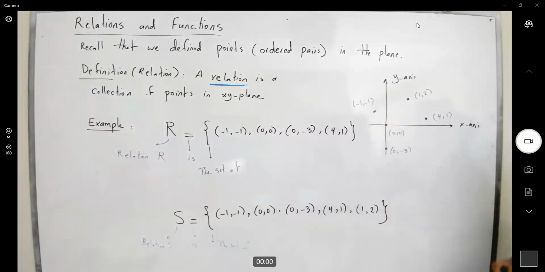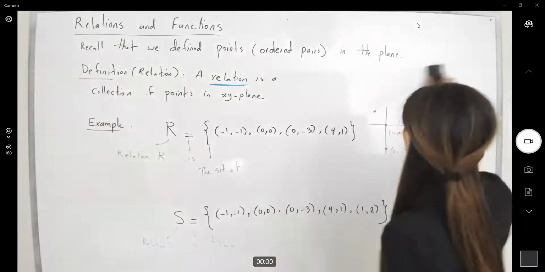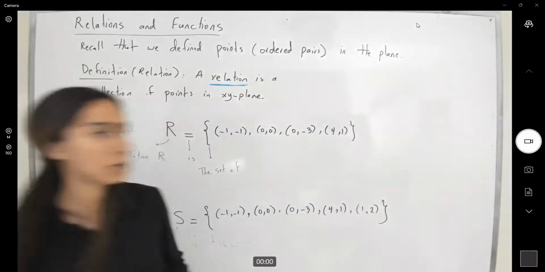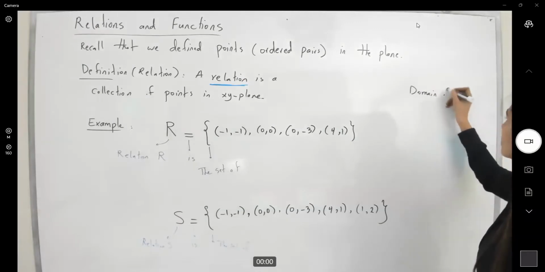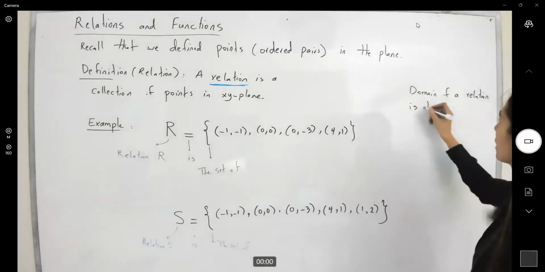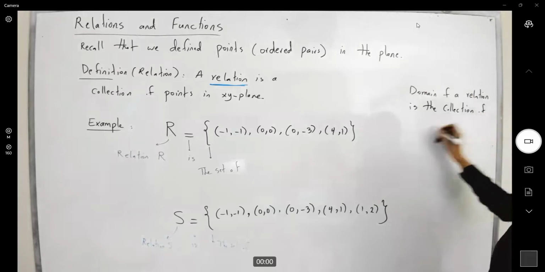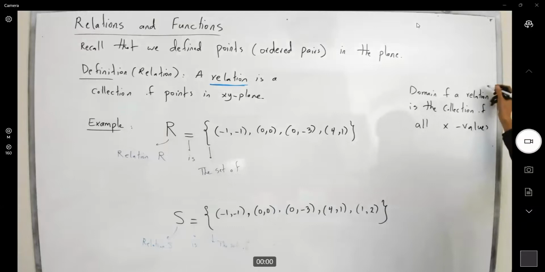Now, when it comes to relations, we are interested in using the domain and the range. I'm going to erase the right-hand side of the board and define the domain. The domain of a relation is the collection of all x values.